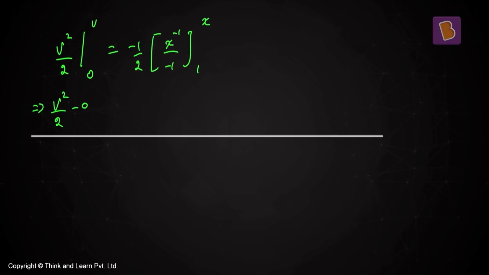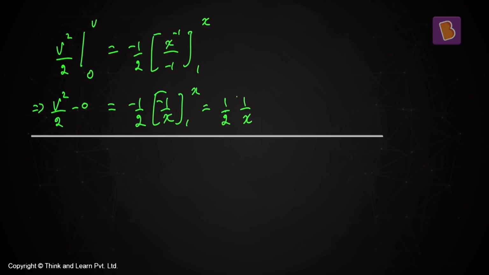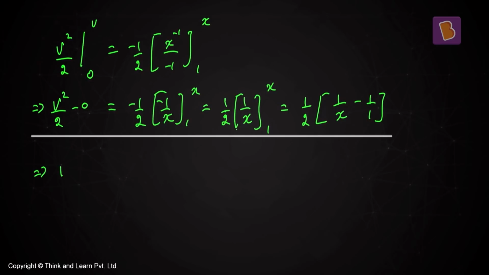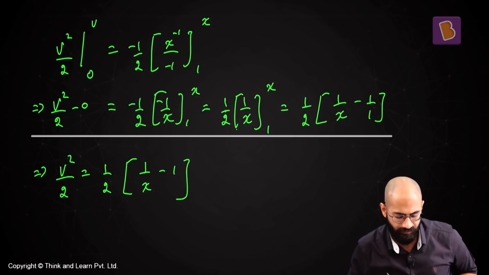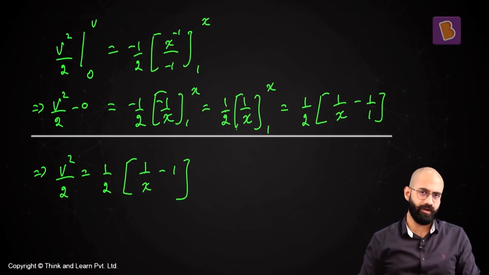This becomes v squared by 2 minus 0 equals... So I'm going to leave it like this. So this is the final expression that we're getting, in terms of v and x, right?